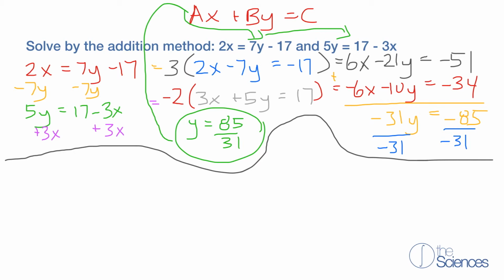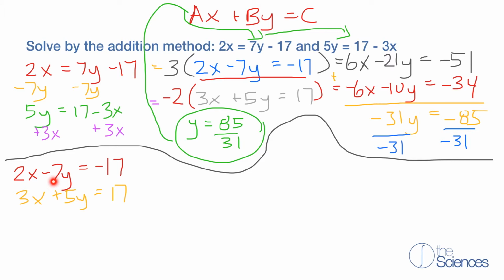So here, working with our original equations, we have 2x minus 7y equals negative 17. And we have 3x plus 5y equals 17.